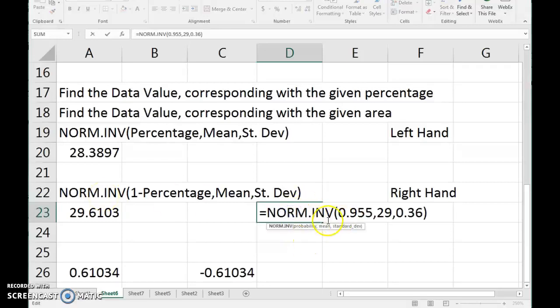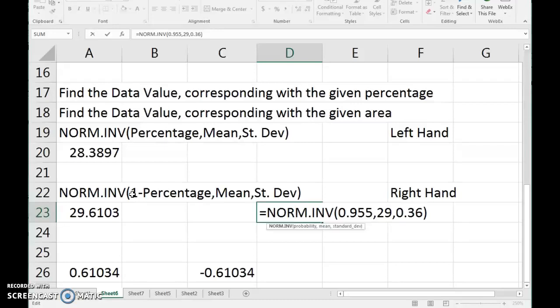And so if you're trying to find 0.045 to the right, that's the same as finding this much to the left, 0.955, or 1 minus the part you want to be to the right. And so that's going to be the same cutoff value that marks this much to the left as it is the part we wanted to the right.